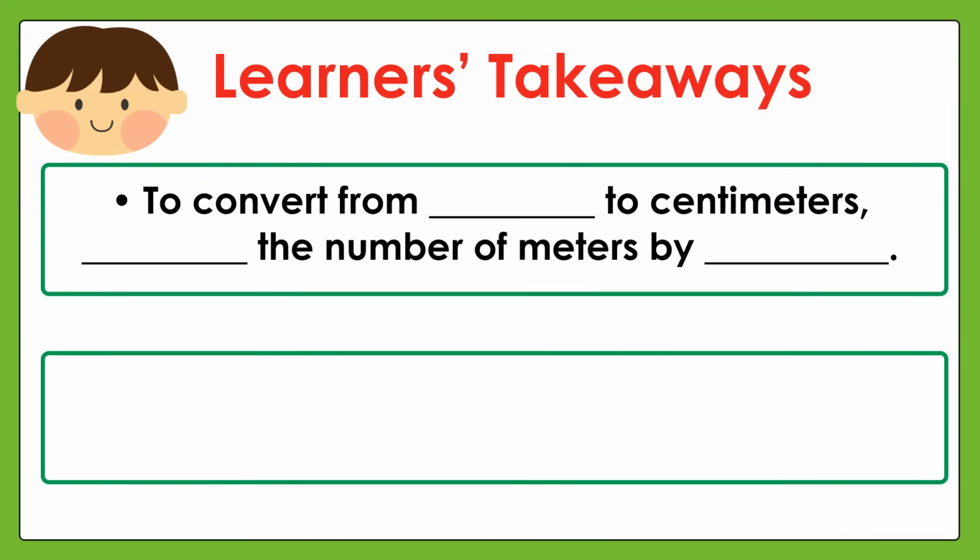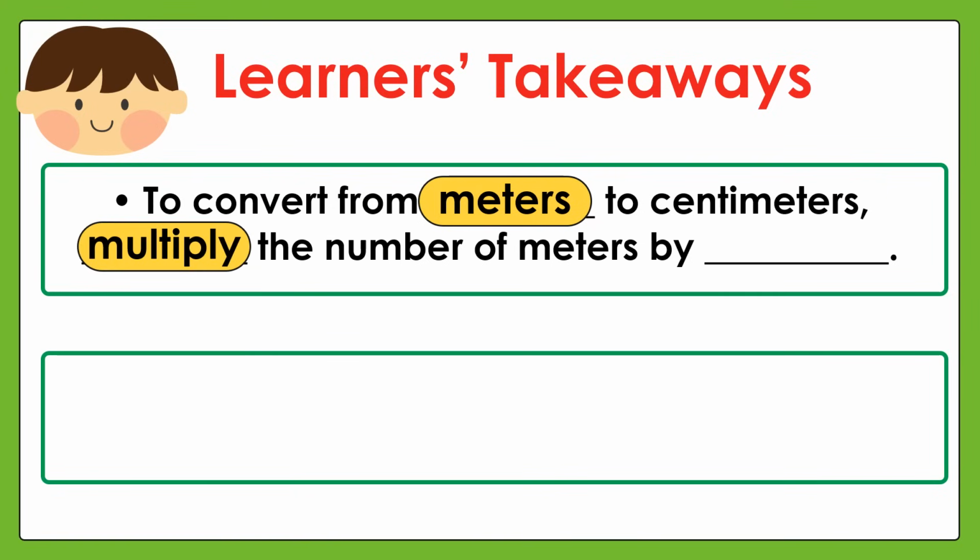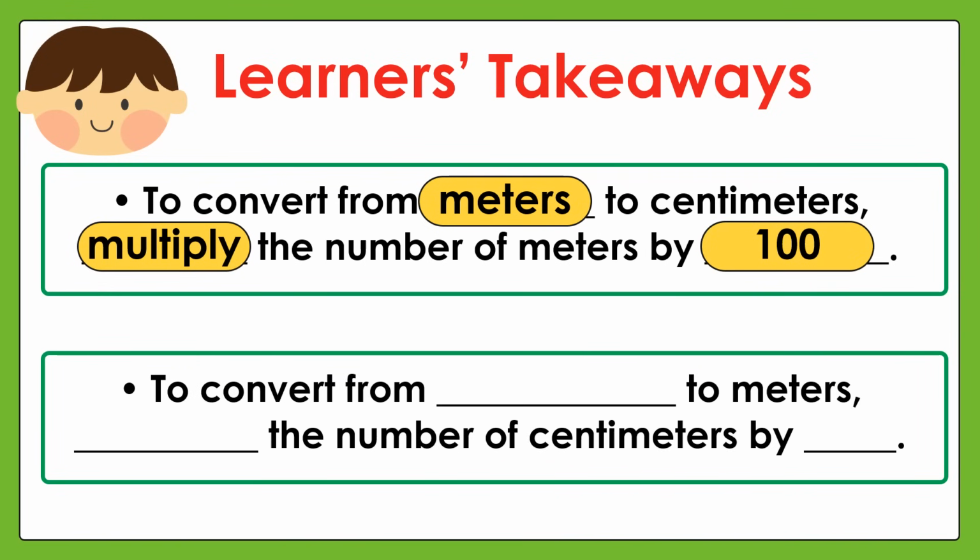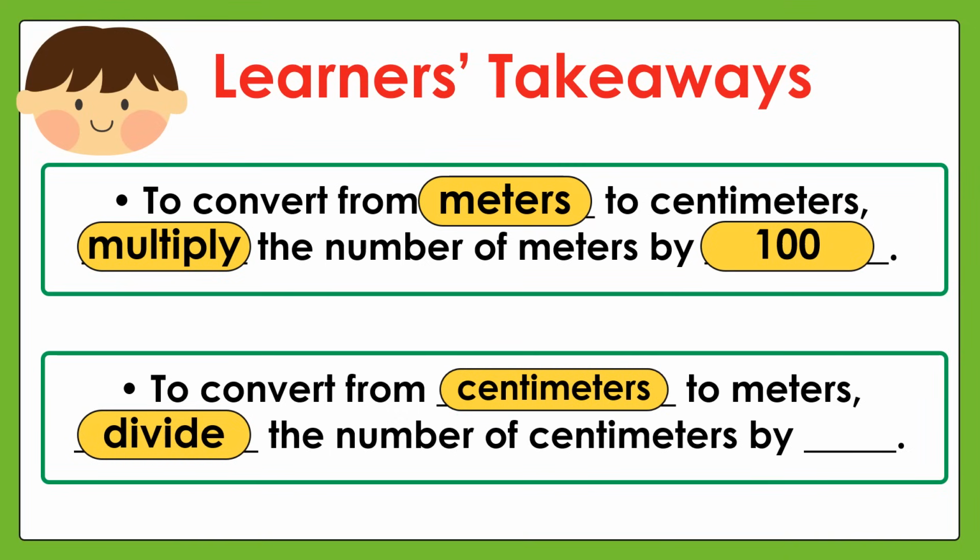Learners' takeaways. To convert from meters to centimeters, multiply the number of meters by 100. To convert from centimeters to meters, divide the number of centimeters by 100.